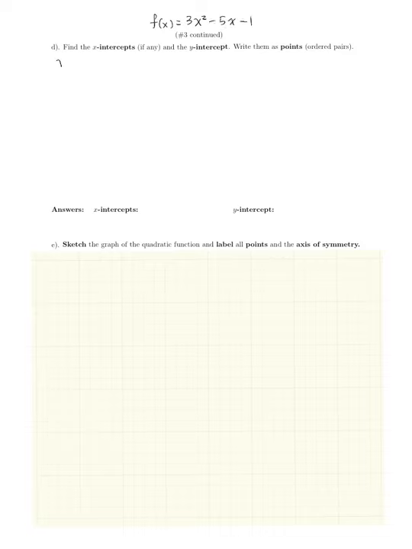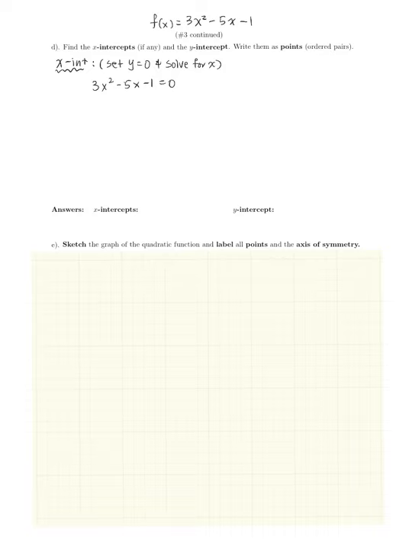All right, so let's first go with the x-intercept. How do you find the x-intercept? You set y equal to 0 and solve for x. Y equals f of x, so we set 3x squared minus 5x minus 1 equal to 0, and your job is to solve for x.